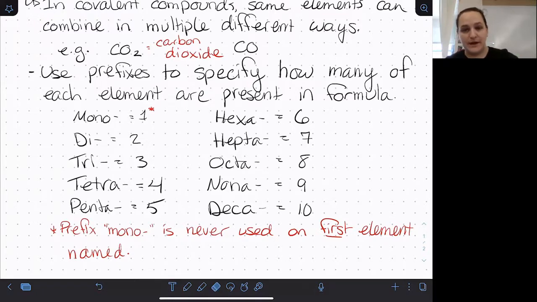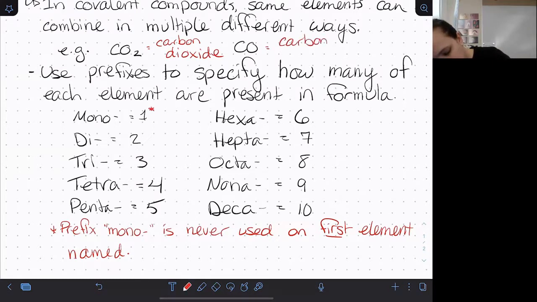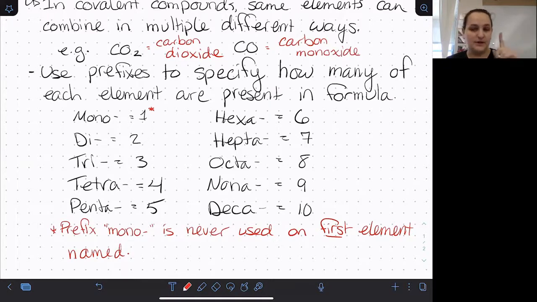We'll do some examples like that in a sec. But since there are two oxygens, we put dioxide. For this one, we call this carbon monoxide. So we are including the prefix mono on the second element to indicate specifically that there is only one oxygen in this formula. That's how these names are being constructed.